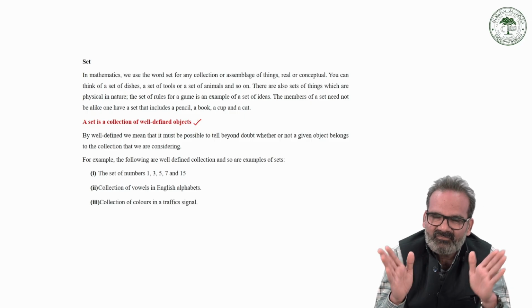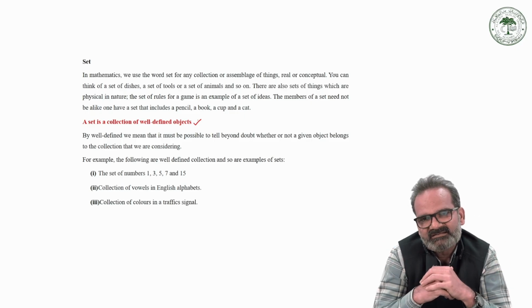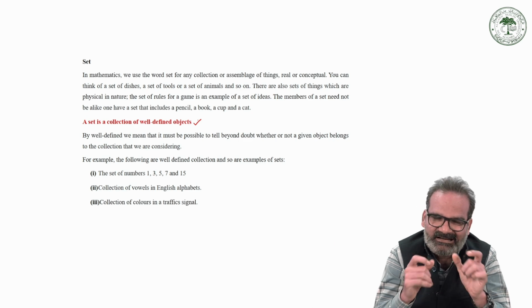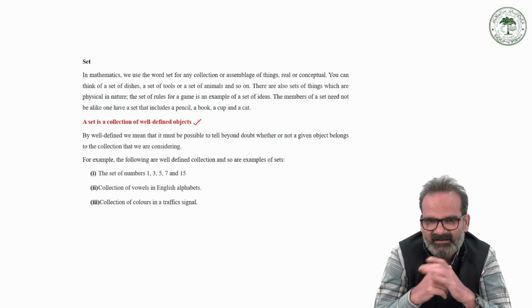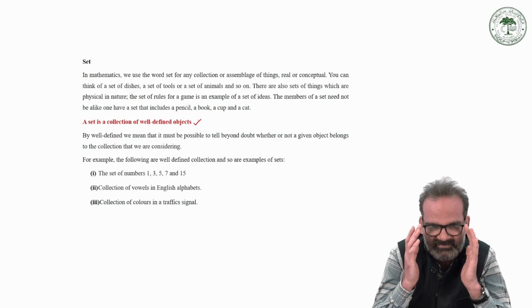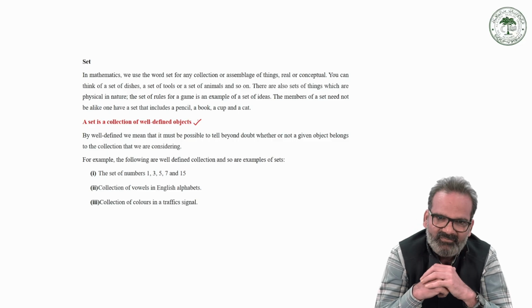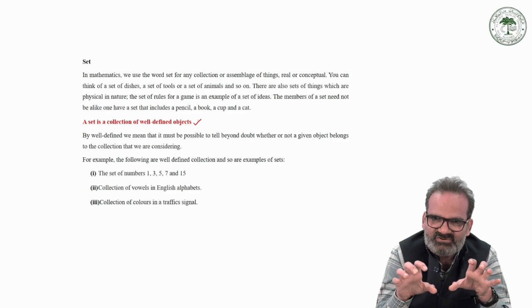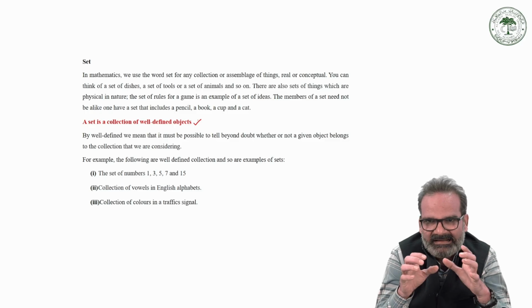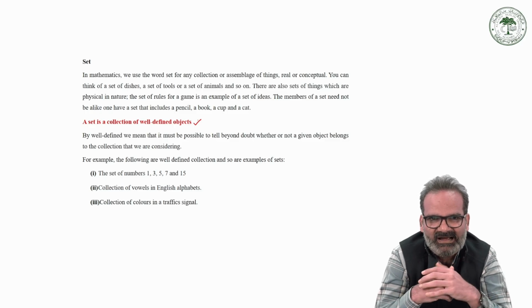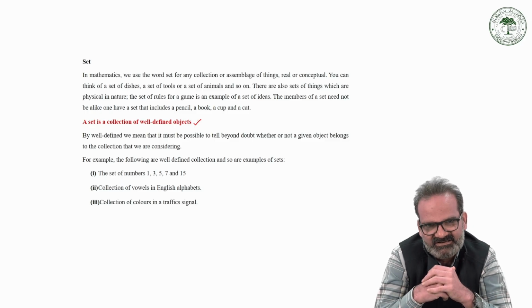If it is not well defined, it cannot be considered as a set. So the technical term or the mathematical term here is only well defined. Now let us have the formal meaning of well defined. By well defined, we mean that it must be possible to tell beyond doubt whether or not a given object belongs to the collection that we are considering.